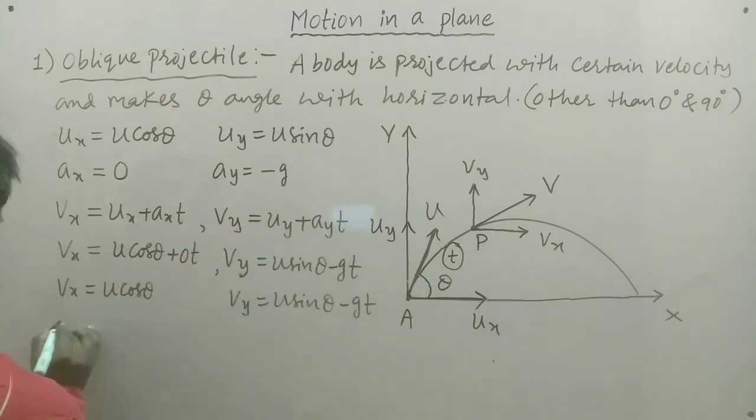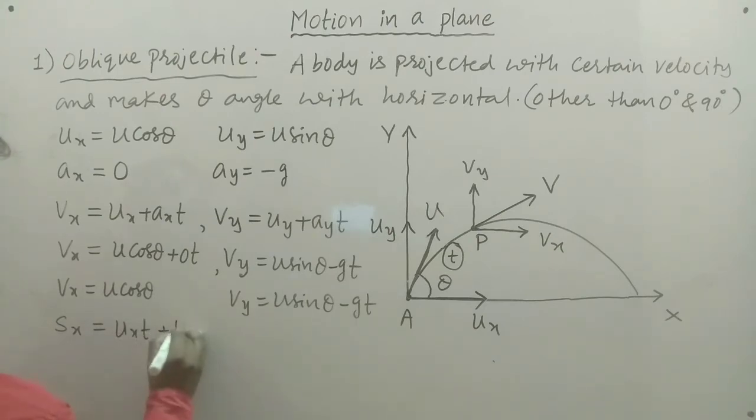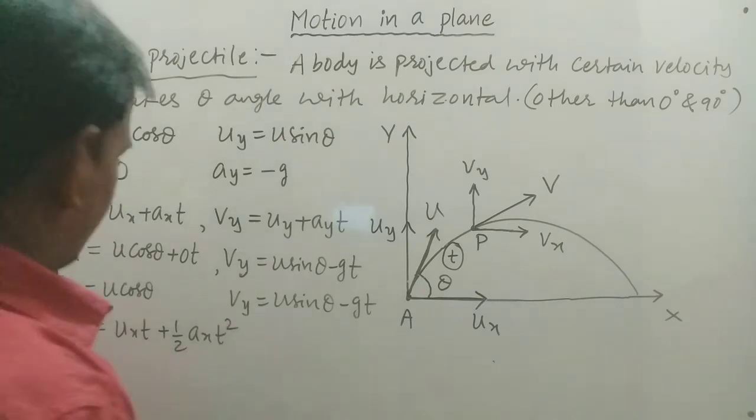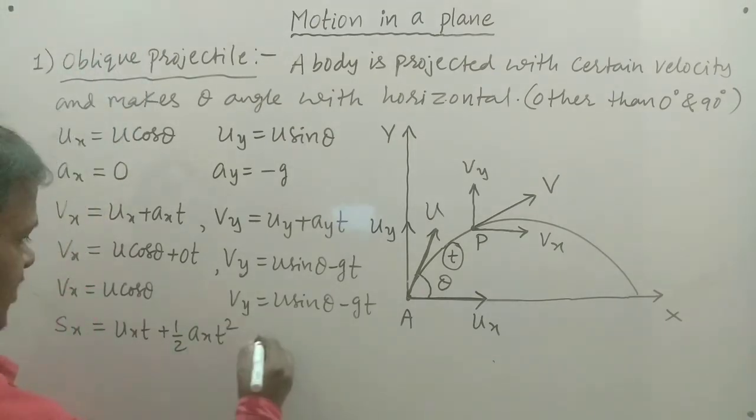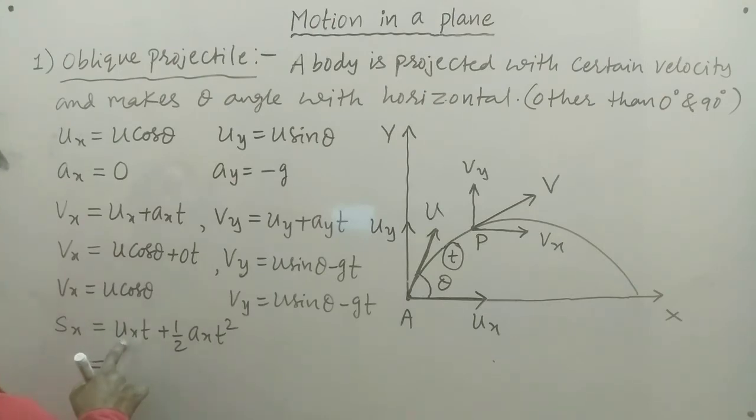Right. We have to find Sx and Sy. What is Sx? Displacement component Sx. So this is Sx. Displacement equation, second equation of motion, you have to write along x direction: ux t plus half ax t square. Right? Next, this is ux, u cos theta into t.